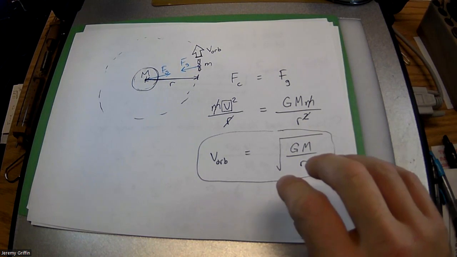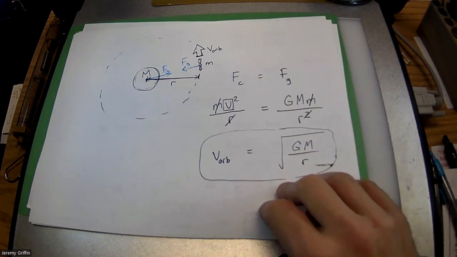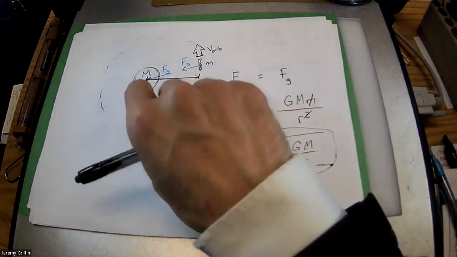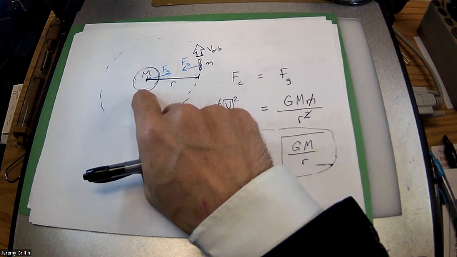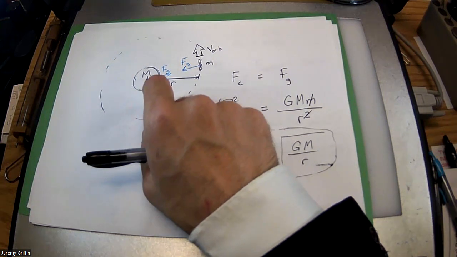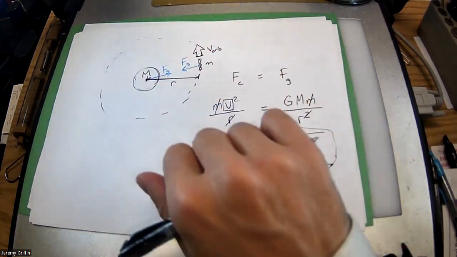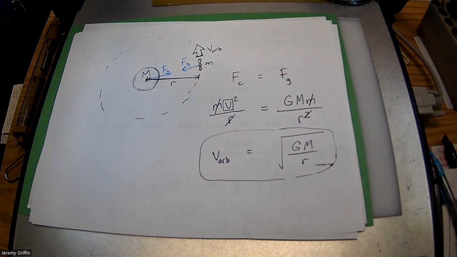Next question. One thing AP likes to do is change variables around and ask how that affects something else. What if you had a planet that was 4 times the mass, but the same distance from the center? What would happen to the orbital speed?